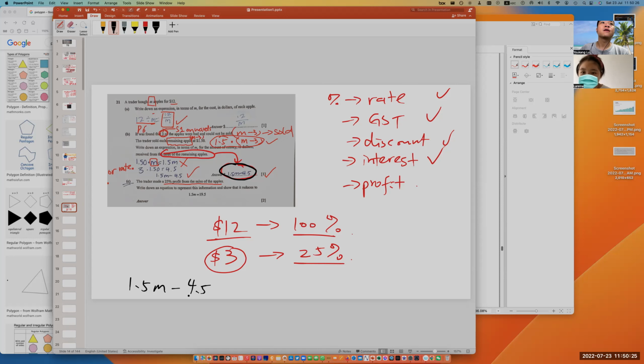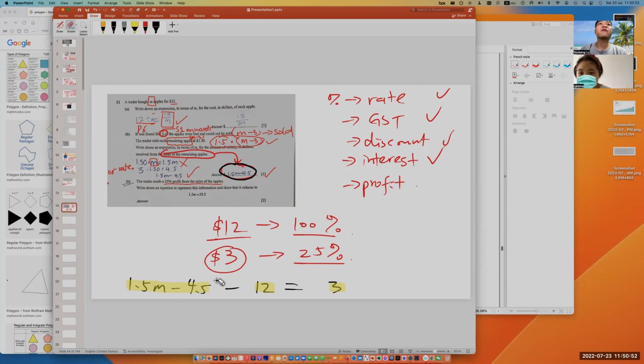Then you minus the original $12, and you're supposed to get $3. Does it make sense? So basically, you take the money you collect from selling the apples, you minus the original, and that's the profit. So therefore, you just simplify this.